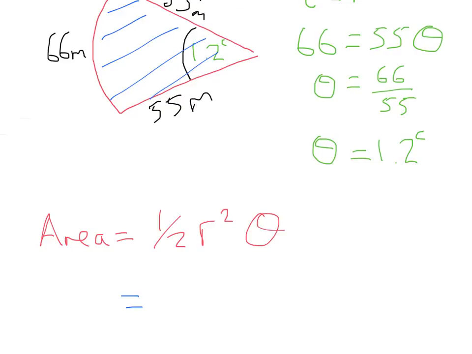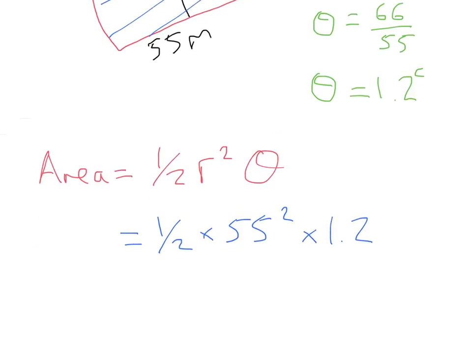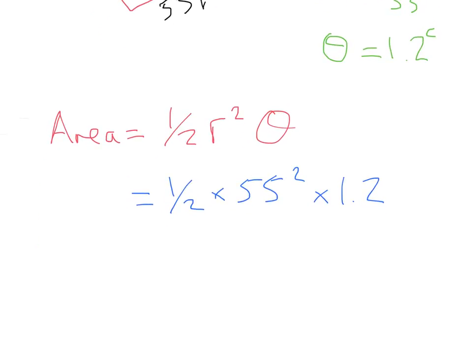So that equals a half times 55 squared times 1.2. Again, easy peasy. I don't know my 55 times table, certainly not to multiply it by 1.2, so grabbing my calculator, I get an answer of 1,815 metres squared. So that is my area.